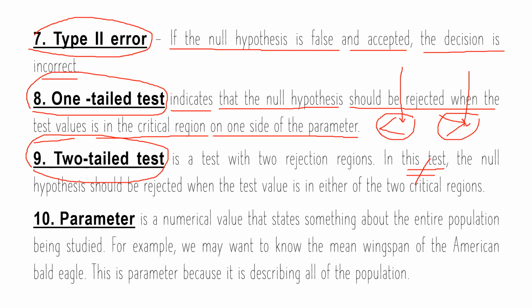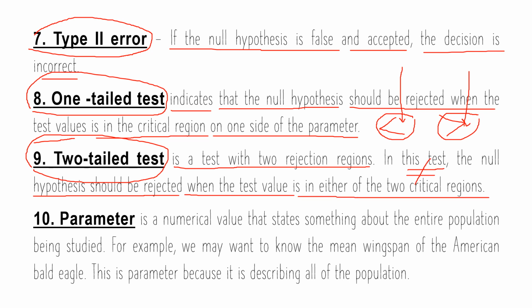So your two-tailed test is a test with two rejection regions. Why? Because both the right and left sides of your normal curve are subjected in your hypothesis testing. In this test, the null hypothesis should be rejected when the test value is in either of the two critical regions.